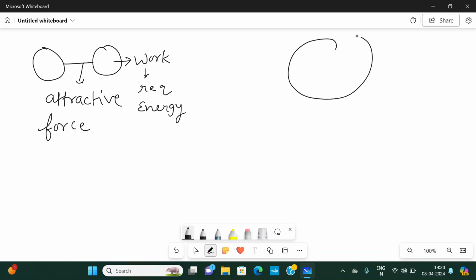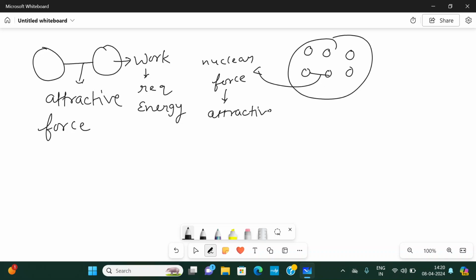Similarly, in the nucleus, we have nucleons which are bound together with a force called nuclear force. This nuclear force is attractive in nature and it is a short range force.